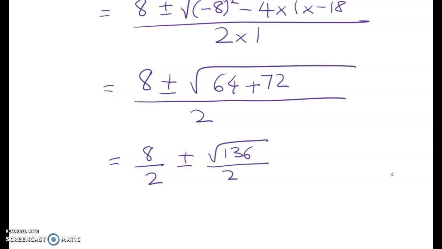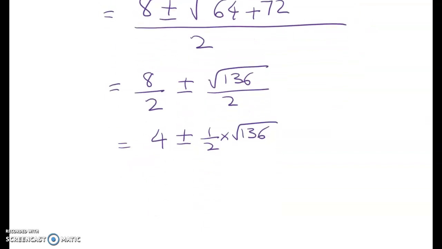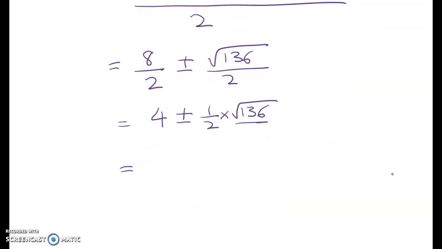Or another way to write that is just 4 plus or minus 1/2 times the square root of 136. When we put this in our calculator, we can get an approximate answer. So we get x is equal to 4 plus or minus 5.8.